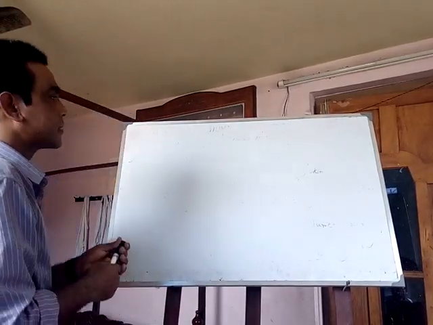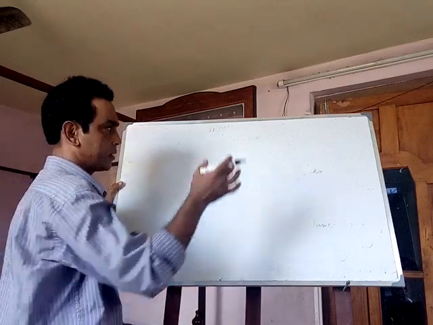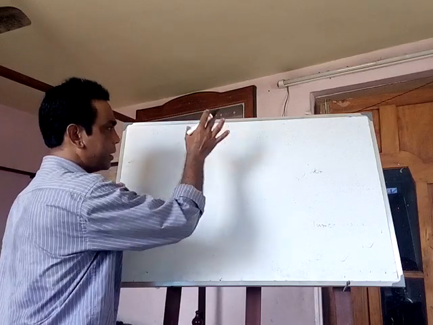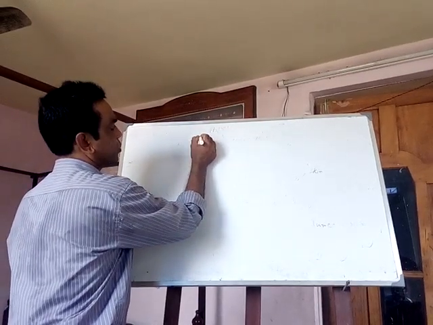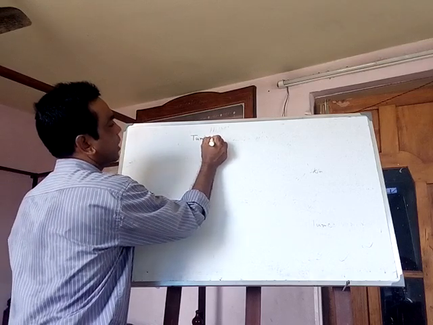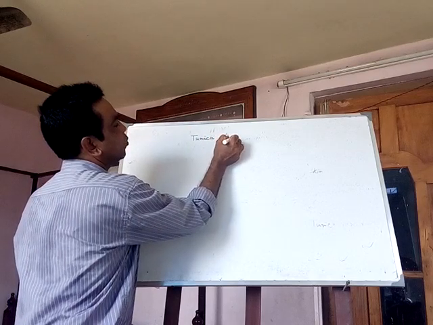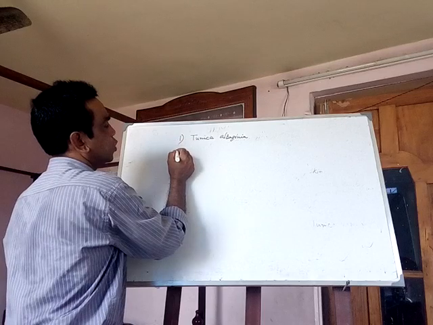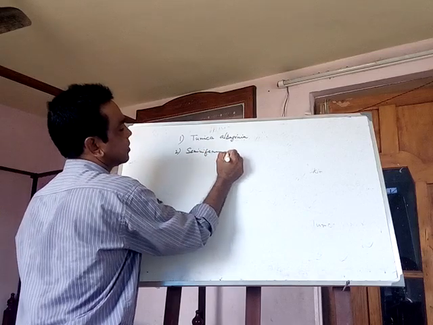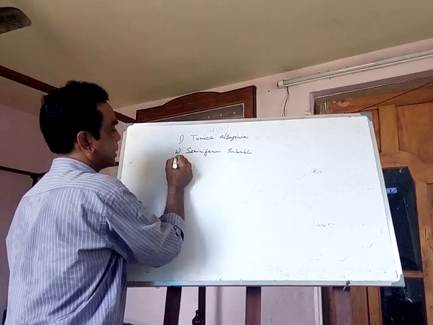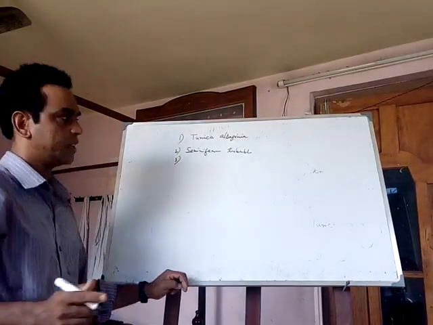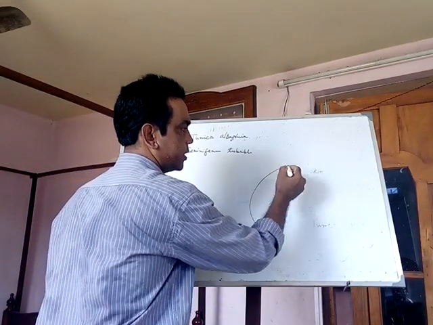There are some parts constantly present in the testes, that is respectively: one, tunica albuginea; two, seminiferous tubule; three, tunica albuginea, that is here.